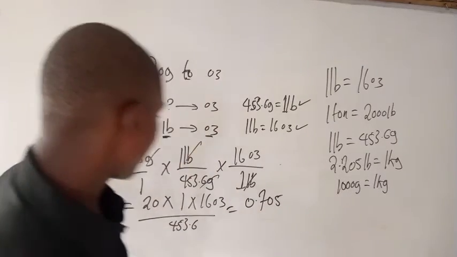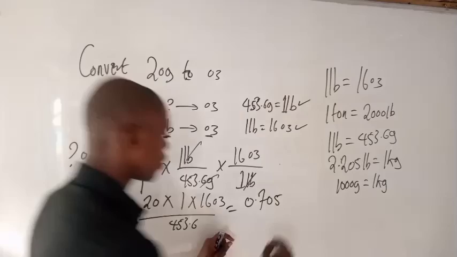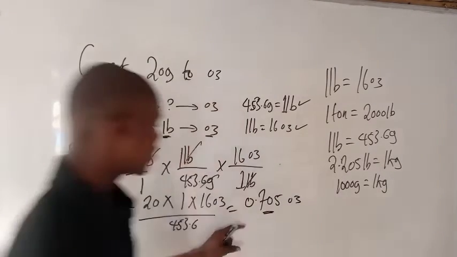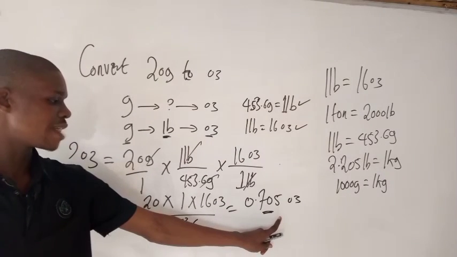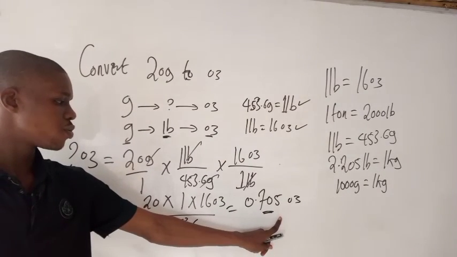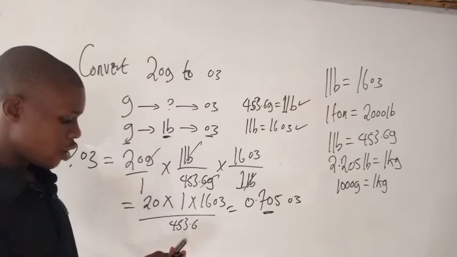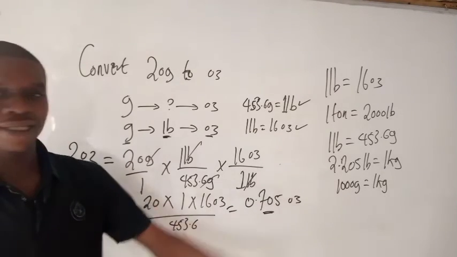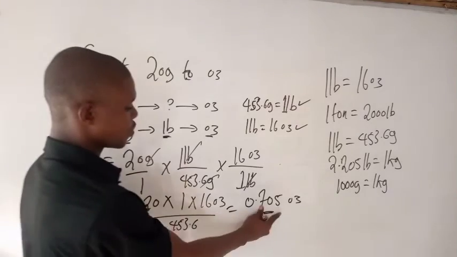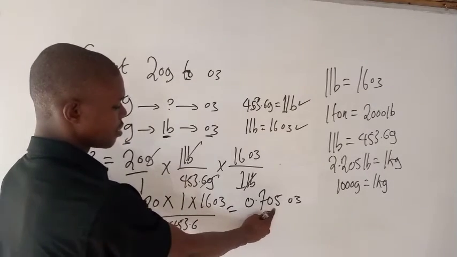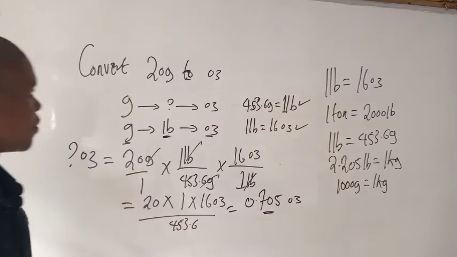Now what is the unit? Here we have ounce. It's very good if you leave your decimal point to 2 decimal points and above. The more accurate one is 2 or more decimal points. So the answer is 0.705 ounce. That is the answer.